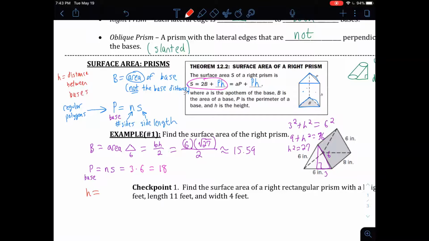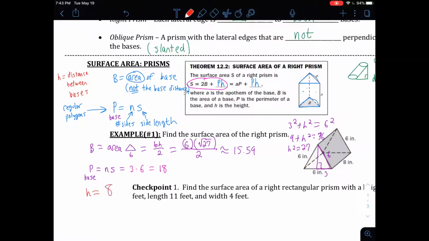Okay? So capital B is the area of the base. Perimeter is the perimeter of the base, which is this shape right here, right? And then the height is the distance between the bases. Well, how far apart is this base and this back base here? It's going to be 8.